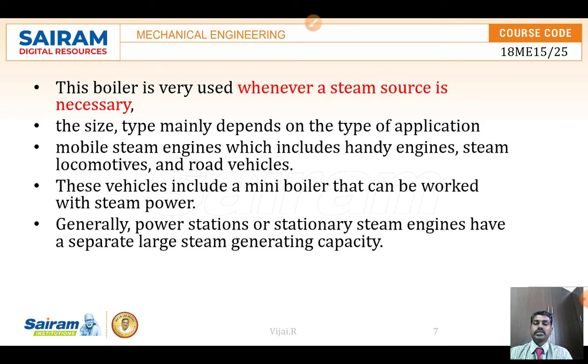The boiler's size and design depend upon the application where we are going to utilize it. It may be used in locomotives, like steam engines, which work under steam pressure. So it depends on the application-oriented engines or boilers, and it may be a locomotive or a stationary engine.